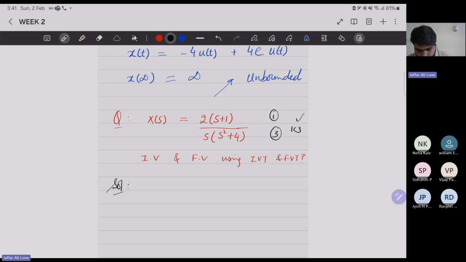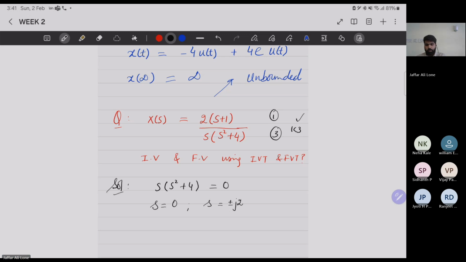Now we need to check the poles. s into s square plus 4 is equal to 0. It means we have 3 poles, one at s equal to 0 and the others at s equal to plus minus j2.